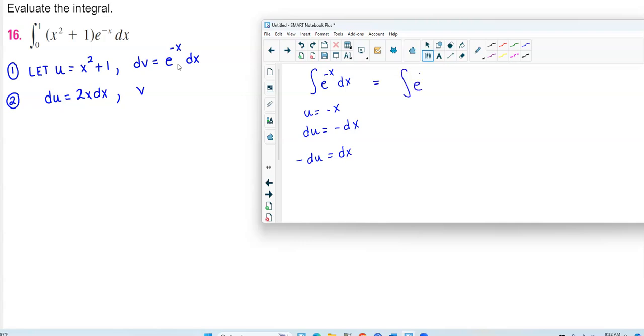And if we find the antiderivative with the substitution, we have e to the u, dx is negative du. So we had negative e to the u du, and the antiderivative of e to the u is e to the u. And then using the substitution, we'd have negative e to the negative x. So therefore, v is going to equal negative e to the negative x.